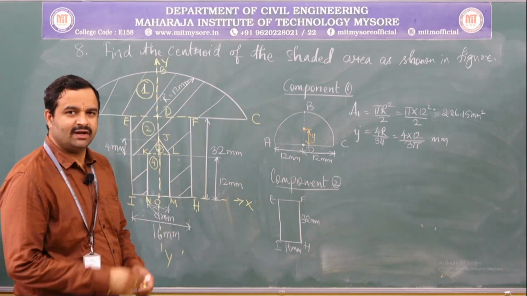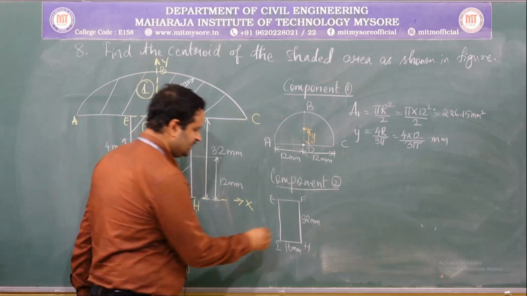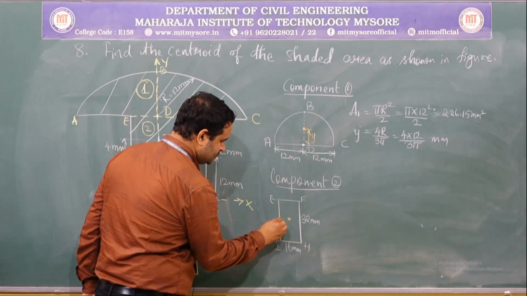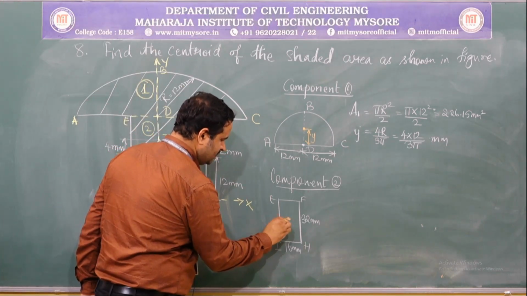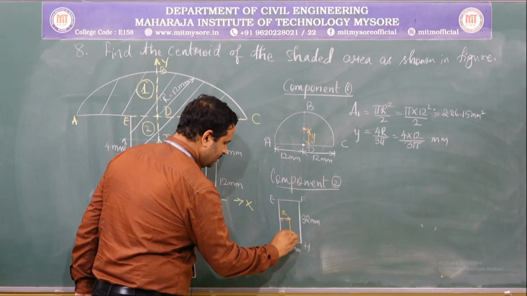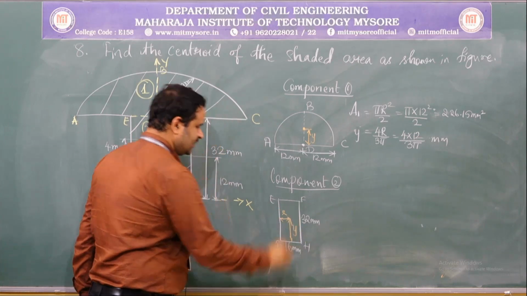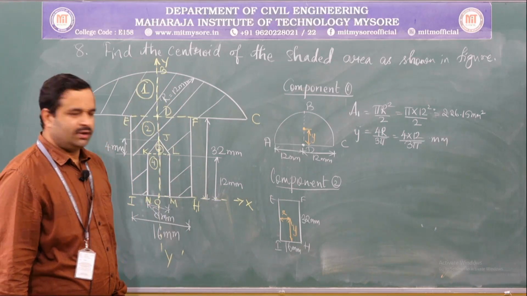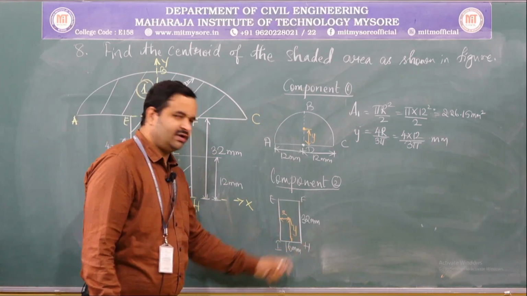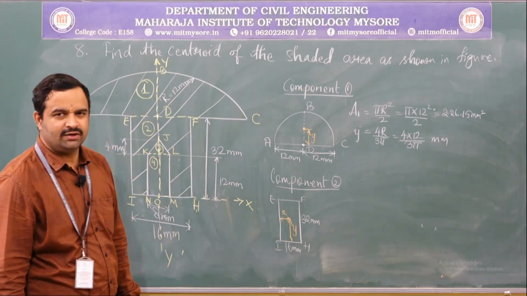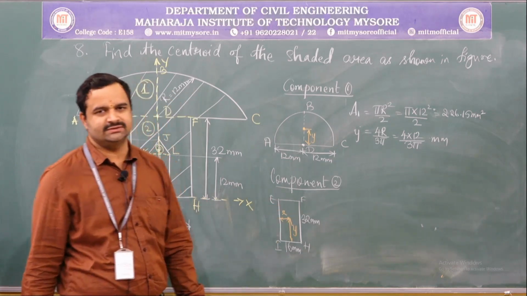Where does the centroid of the rectangle lie? It exactly lies at center. So, I will be having both its x component and y component. Again I want to tell you that these x and y are the centroidal values of individual components.